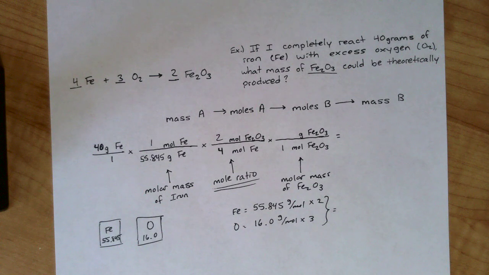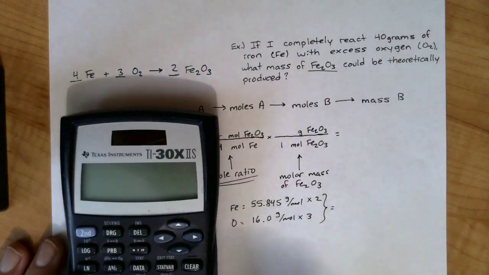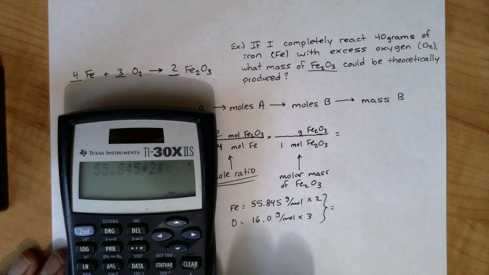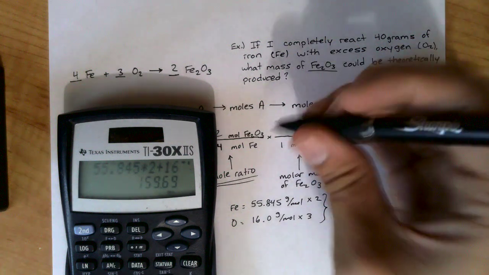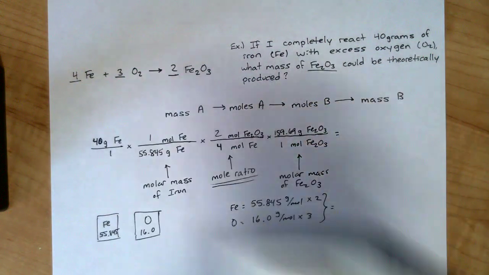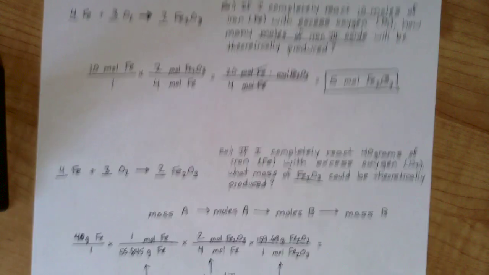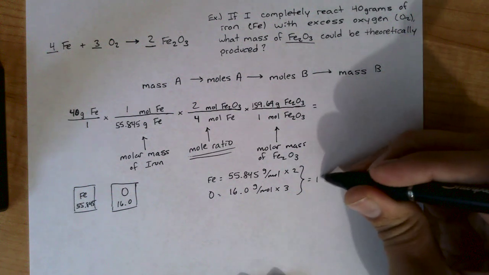Let me get my trusty calculator out, and I'll put it on the screen so you can trust me on my numbers here. All right, 55.845 times 2 plus 16 times 3. Bang. 159.69. Bang. All right.